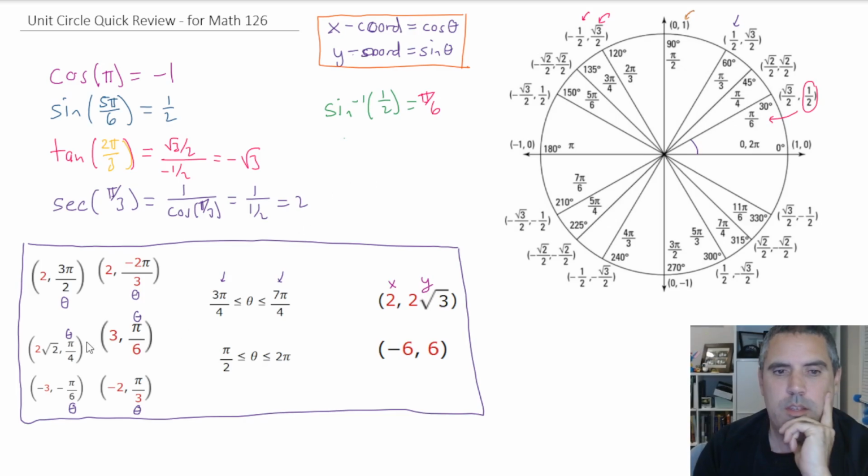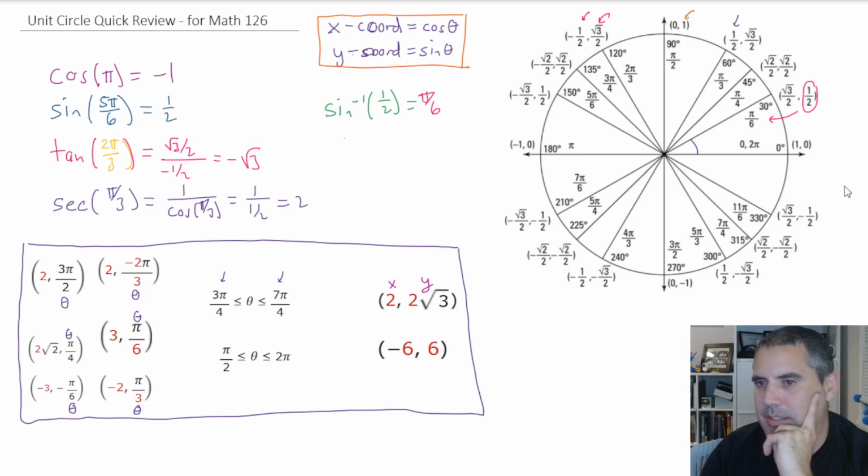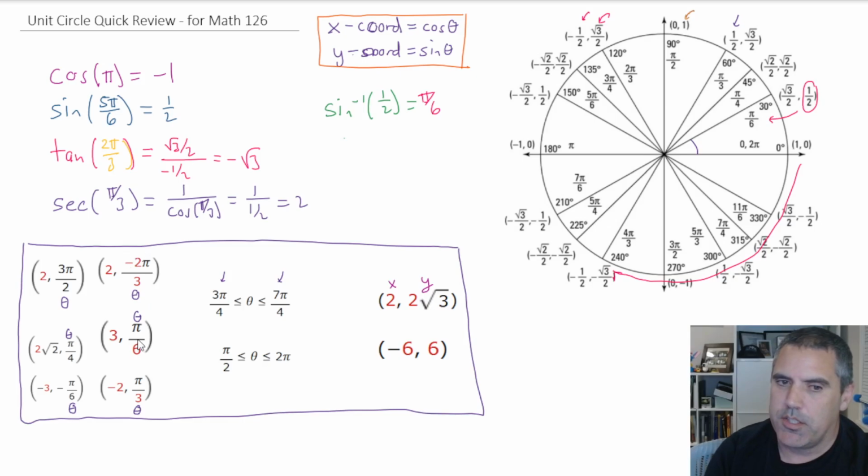Okay, so then when you're going to do the homework and it says 3 pi over 2, what you need to immediately be thinking is, this is saying looking straight down, if they give you this angle. Negative 2 pi over 3, now we haven't talked about negative yet, but negative means going the other way, so that would be right here. That's what this is. Pi over 6, we know what that is.